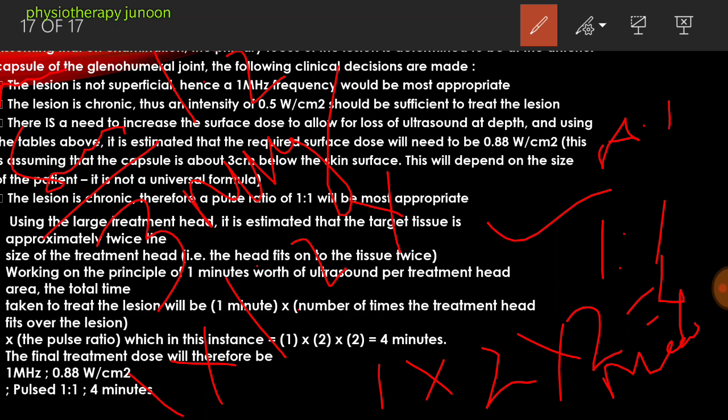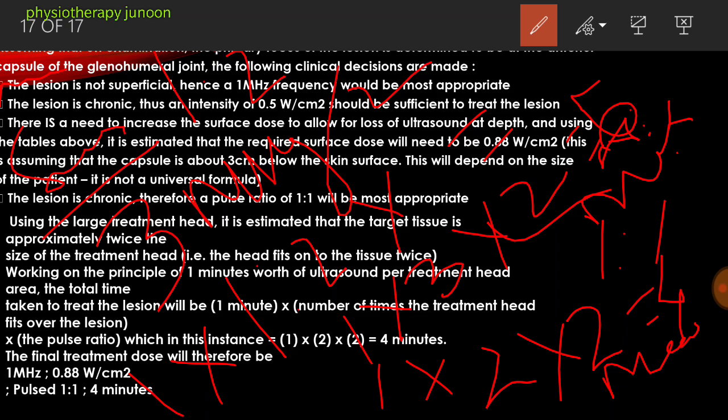There is no need to increase the surface dose to allow for the loss of ultrasound at depth. The lesion is subacute, therefore the pulse ratio is 1:2, and the small treatment head, due to the nature of the surface, it is estimated that the target tissue is approximately twice the size of the treatment head. Twice. Here you see 1 into 3 into 2, it is 6 minutes. Understand?